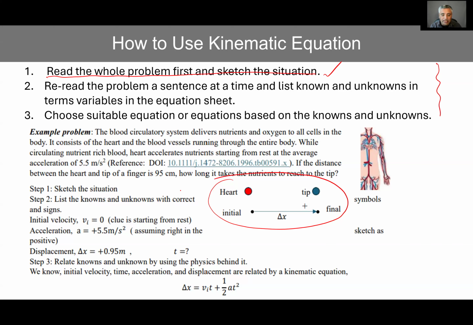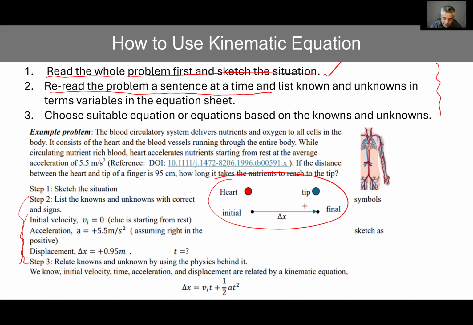To solve any problem, read the problem and sketch the situation. That's what I have shown here, okay? And then reread the problem a sentence at a time. And then list the knowns and unknowns. So those are the steps I talk about here, right? Since we already went through this in last class, I'm just reviewing it, so that's why I'm not going into detail, okay?